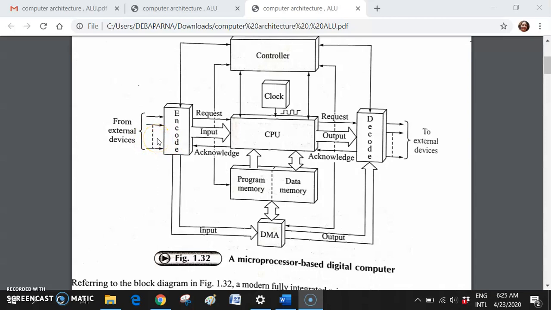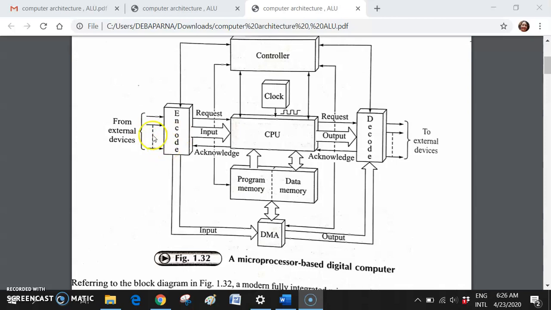Right now I am giving you the lecture, so it is audible to you with the help of a microphone. My voice is getting inside the system with the help of this encoder. So n different types of input devices can be connected. That is up to you.